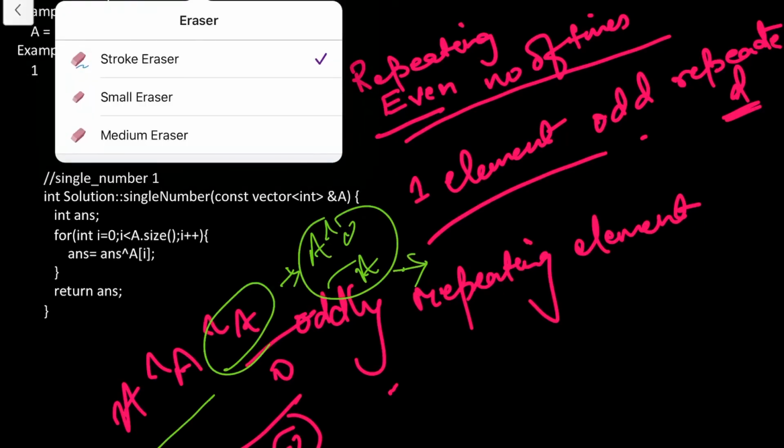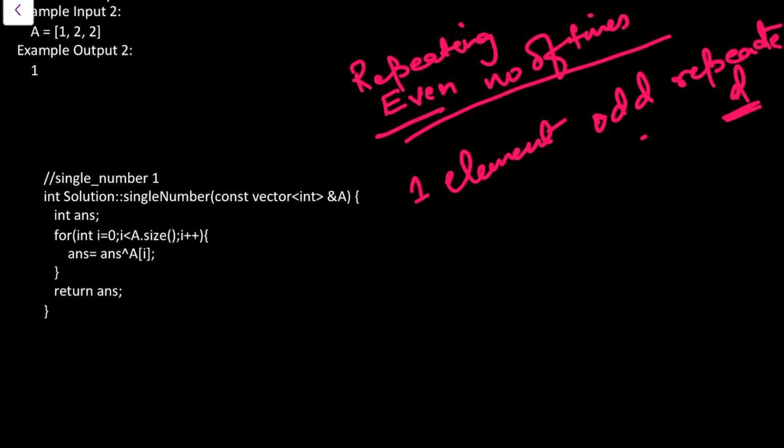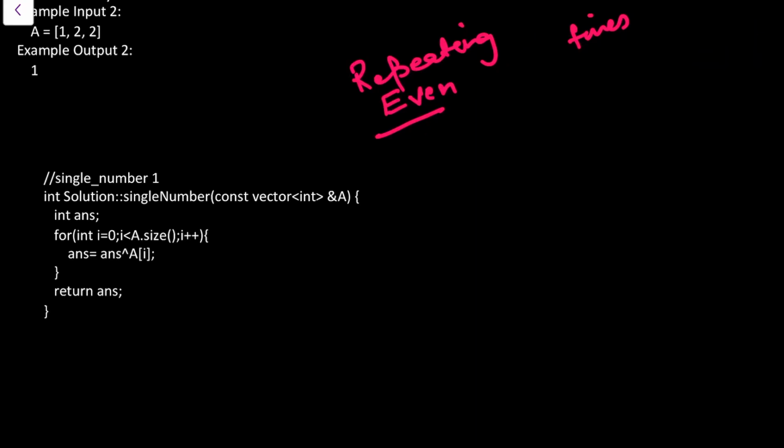So if we do XOR of all the elements, all the other elements which are repeating even number of times, 2 times, 4 times, 6 times, 8 times, they will give us 0, whereas the one which is repeating an odd number of times will give us non-zero, right? So that should be our solution.